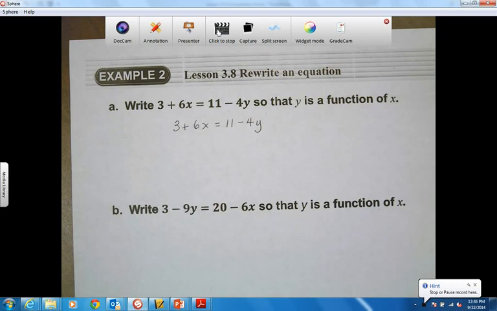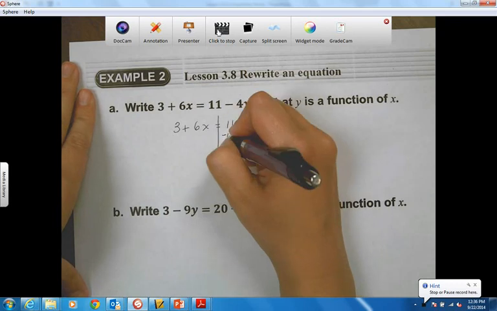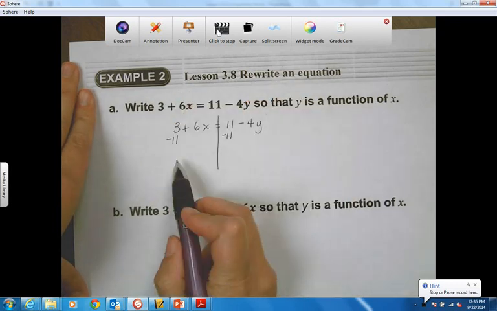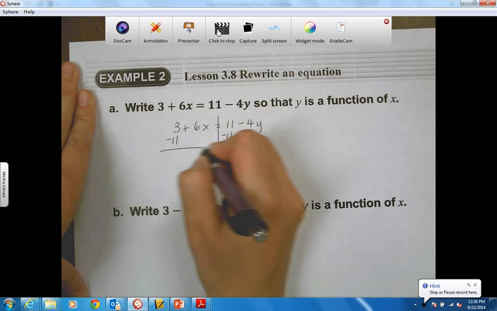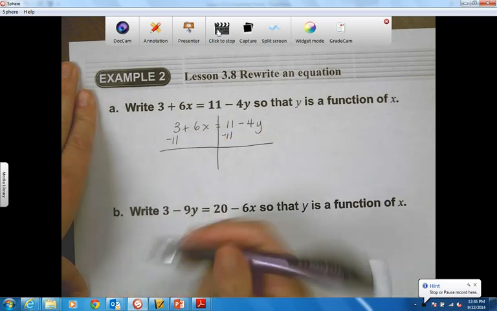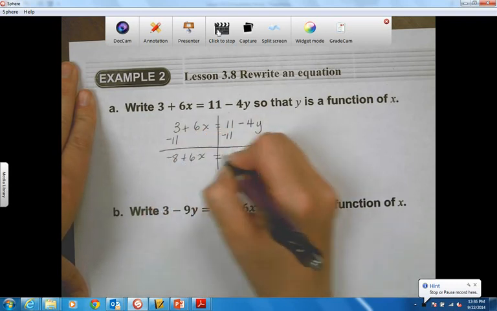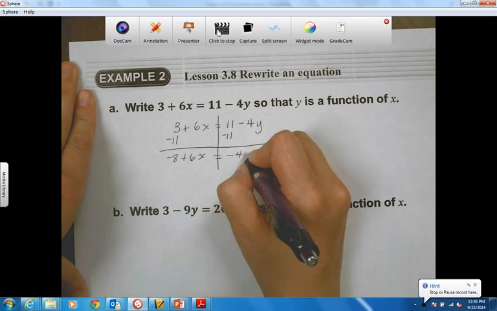So we want to get rid of the 11. So if I subtract 11 from both sides, keep it with my numbers, over here I'm going to have negative 8 plus 6x equals negative 4y. And now I need to divide by negative 4. And again, if you want to take that shortcut and divide each piece by negative 4, that's okay. So now I have y on this side.